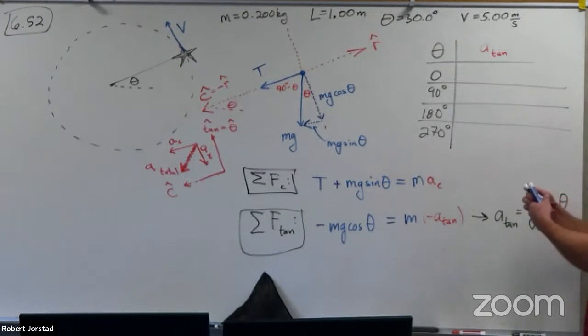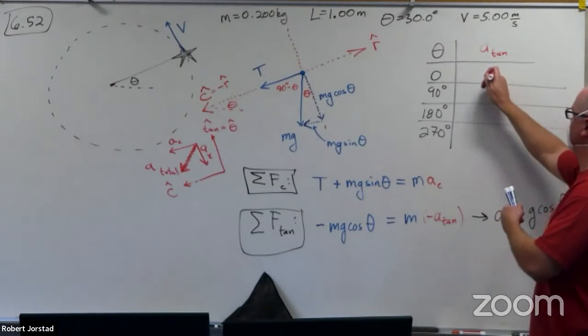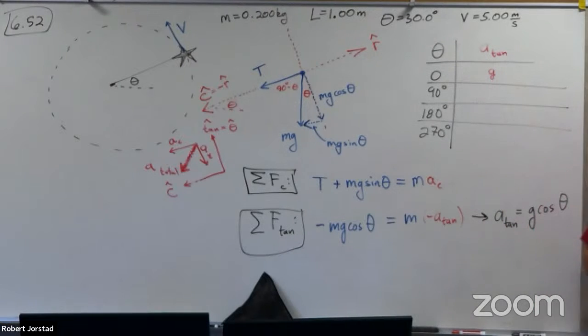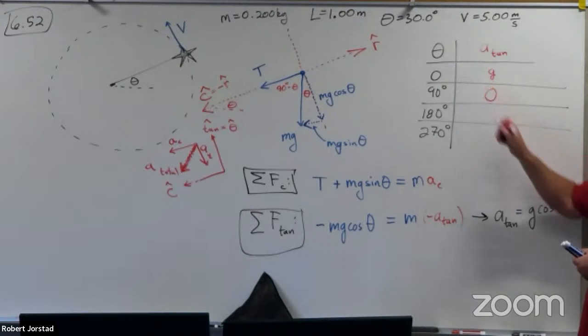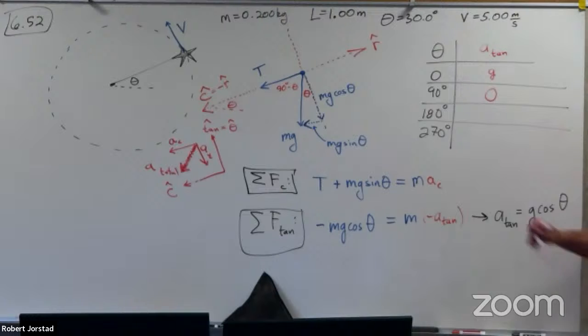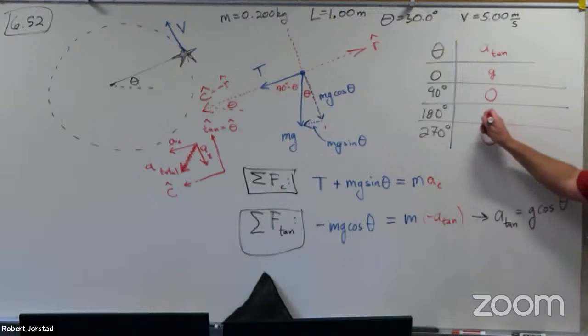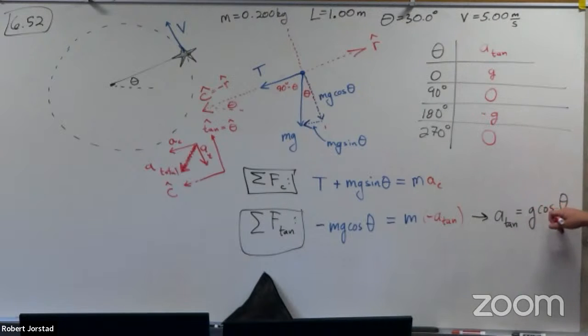Okay, so it's just G. You agree? What's A tan at 90 degrees then? 0. Which other one is 0? At the top and the bottom of the circle, we have 0 A tan, just like that little picture we drew a few minutes ago, right? What's it going to be here? Negative G. Negative G, right? Because you get a -1.